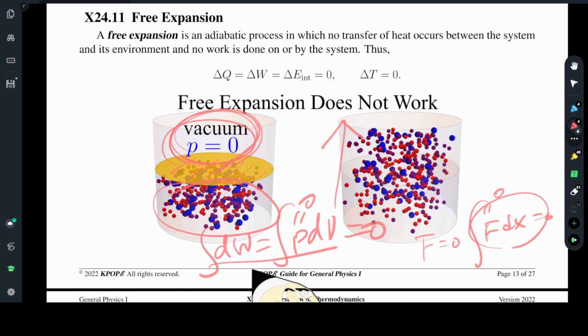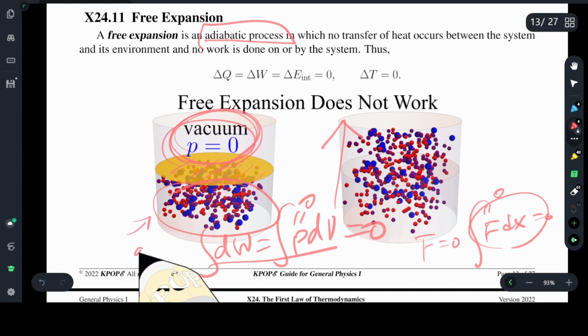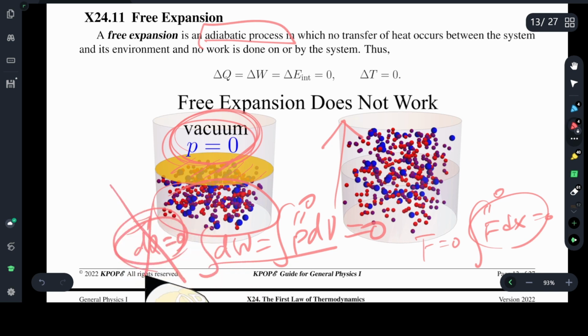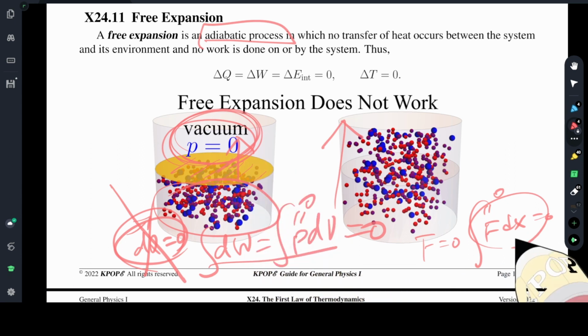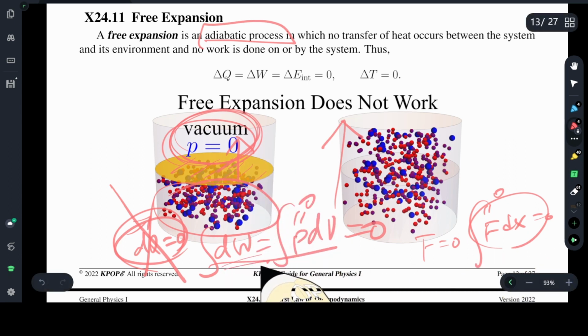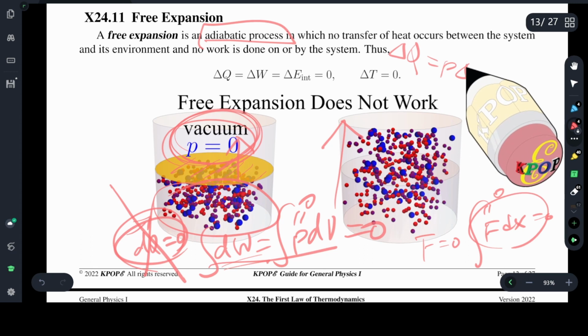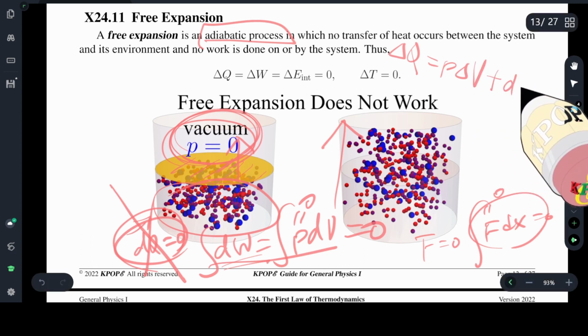We assume that there is no heat transfer, an adiabatic process. In that case, there is no heat supply, and there is no work done by the gas. Work is 0. According to the first law of thermodynamics, delta Q is P delta V plus the change in internal energy.